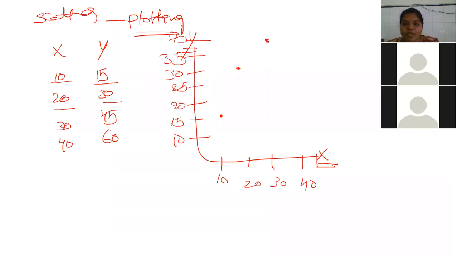Plotting the values on a chart is known as a scatter diagram.